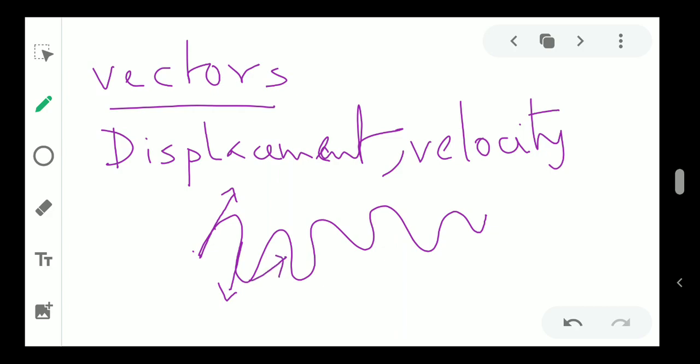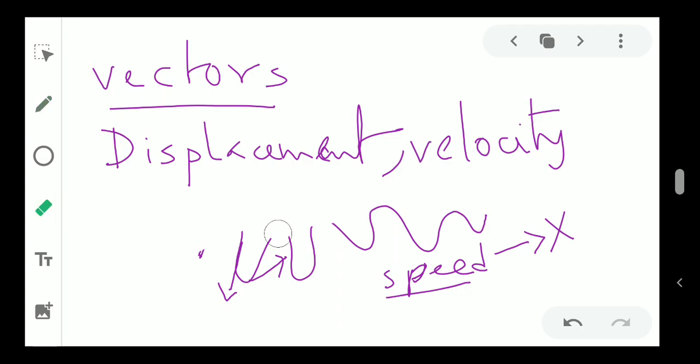So there is no certain direction. So actual distance does not have direction. Speed is equal to what? Speed is equal to actual distance by time. As actual distance does not have any direction, speed also does not have any direction.